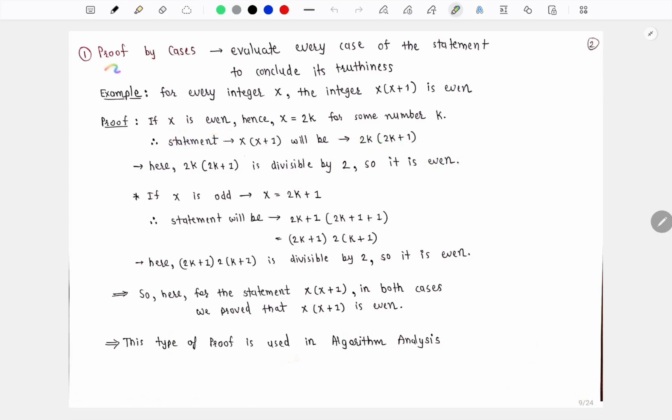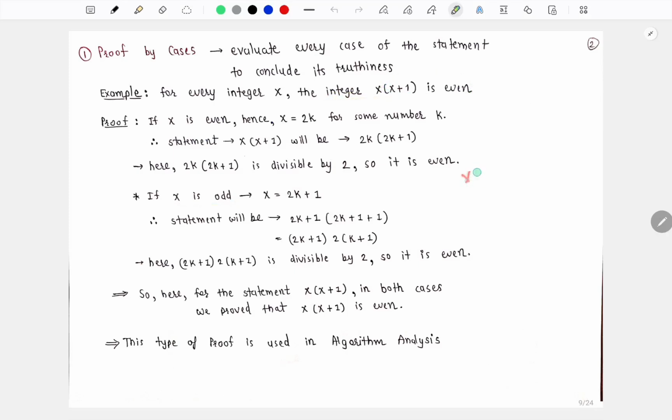Here, we said in the beginning that we evaluate every case of the statement. So in our example, if integer x is even, we have proved that x into x plus 1 is even. Now the next case: if integer x is odd, we have to prove that x into x plus 1 is even.